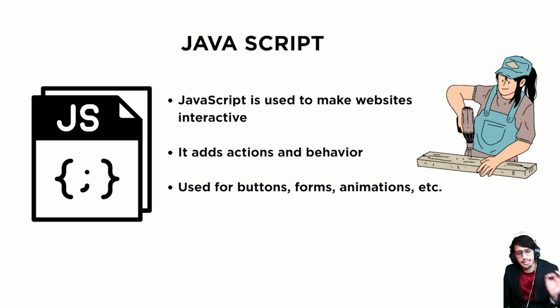If anything is getting clicked, any animation is popping, or anything is moving, everything is JavaScript. It's like a mechanic who makes the fans in your house work, makes doors move up and down, closes doors and windows. Everything is done in JavaScript.